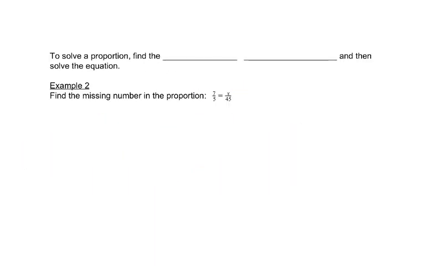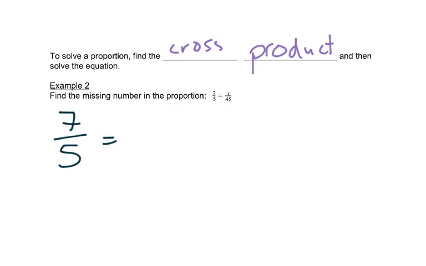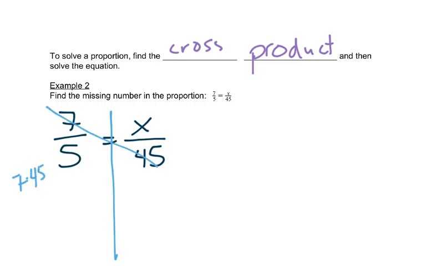To solve a proportion, we find the cross product and then solve the equation. So in this problem, we had 7/5 equals x over 45. We find the cross product: we take 7 times 45, which is 315.